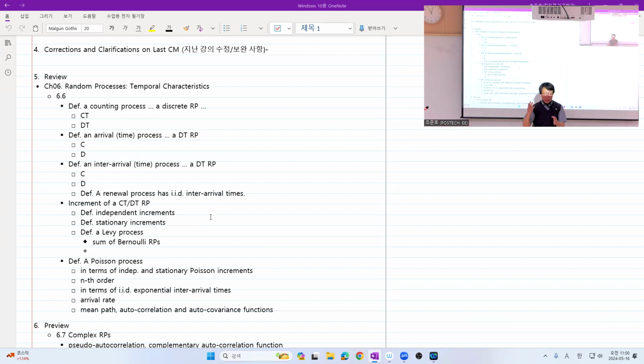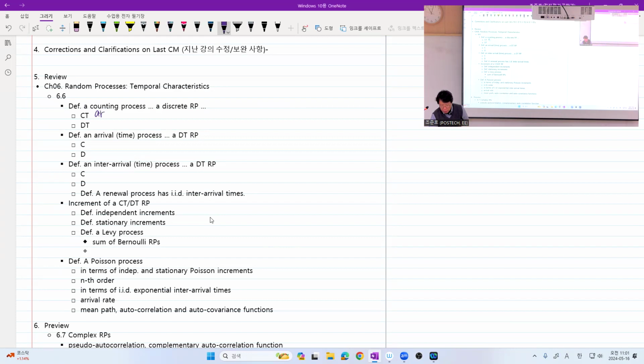The arrival time process is a continuous time random process if the original counting process was a continuous time process. And also we can define the inter-arrival time random process. So let me modify, not arrival here, because it's confusing: counting process, arrival process and inter-arrival process.